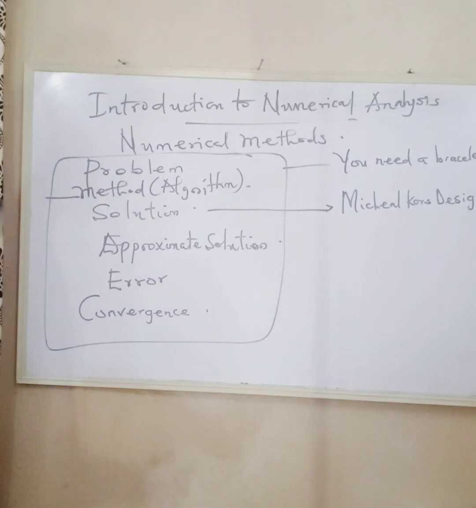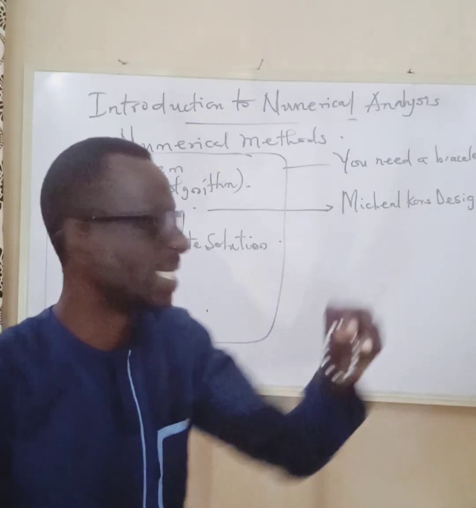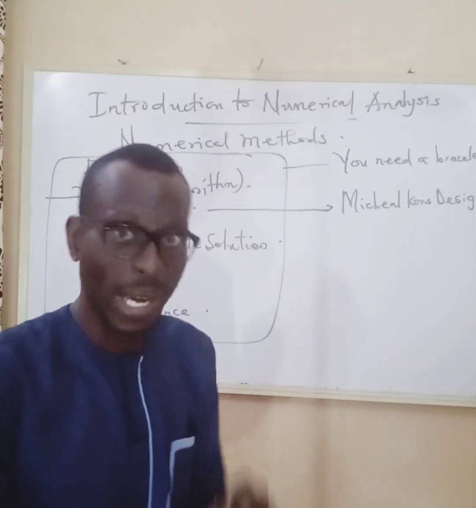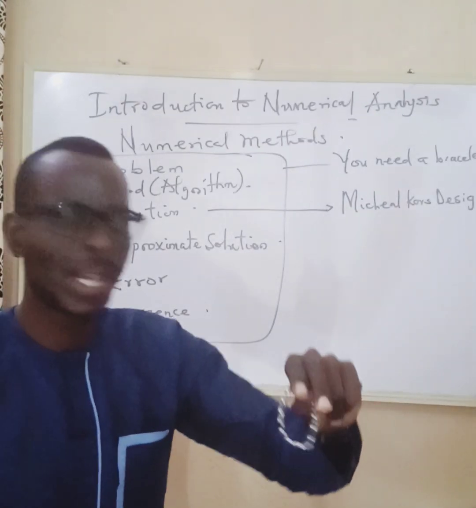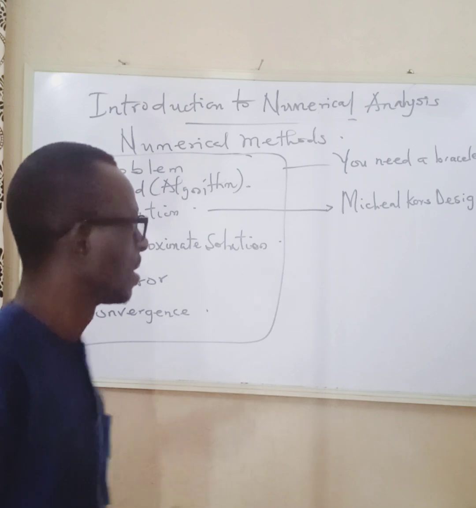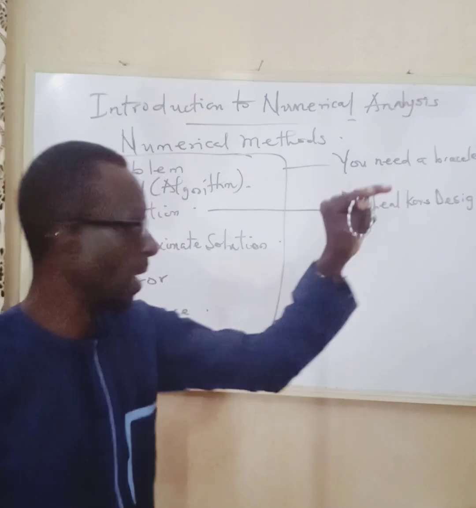And you are looking for another bracelet that is similar to the Michael Kors design, because the Michael Kors design is not available in the market. So you have to look for an approximate solution to the Michael Kors design, which you have gone through another designer that you want to make something like this.